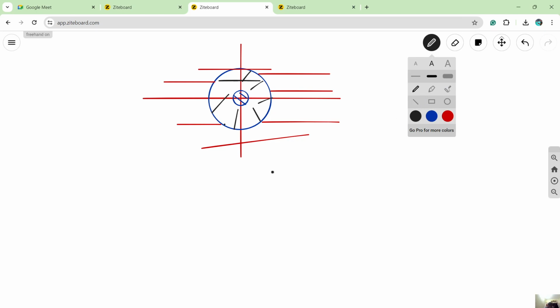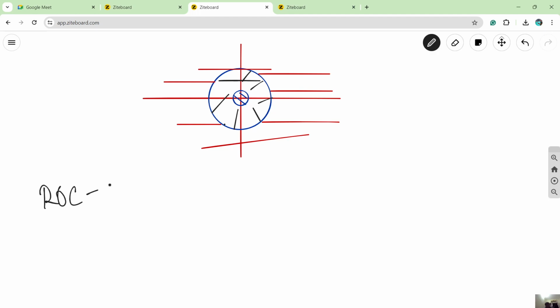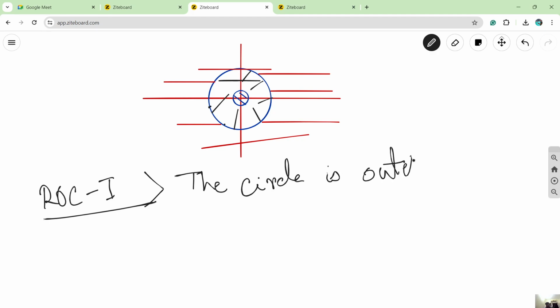So now this is the ROC1. ROC1 we can write, the circle, this circle is outer to the outermost pole.